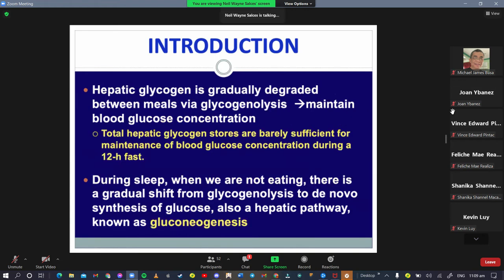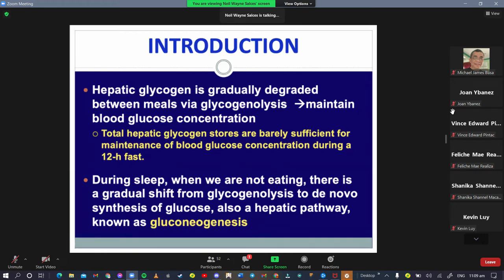Now, your hepatic glycogen is gradually degraded between meals via your glycogenolysis, no? And this eventually maintains the blood glucose concentration. So your total hepatic glycogen stores are barely sufficient for the maintenance of blood glucose concentration during a 12-hour fast.